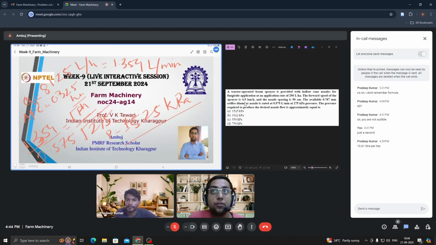In liters per hour, 81.25. You have multiplied it by 60? No. Just 250 multiplied by 0.325, liters per hectare multiplied by hectares per hour. Simple approach.